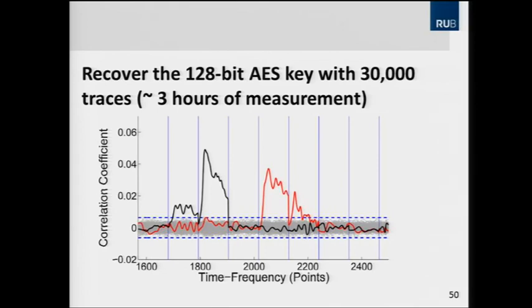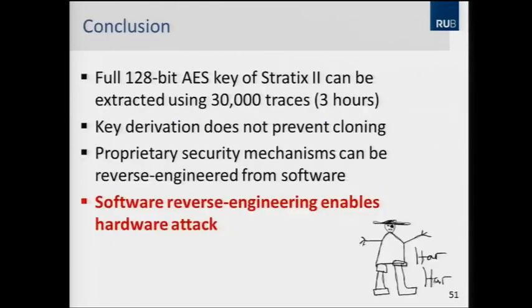And the curve that peaks here is the correct key candidate. With this method, you can identify each key for each S box separately, and with this, get the complete key. This takes altogether 30,000 measurements, or traces as we often call them, which is 3 hours of playing around with the device and a bit of offline post-processing.